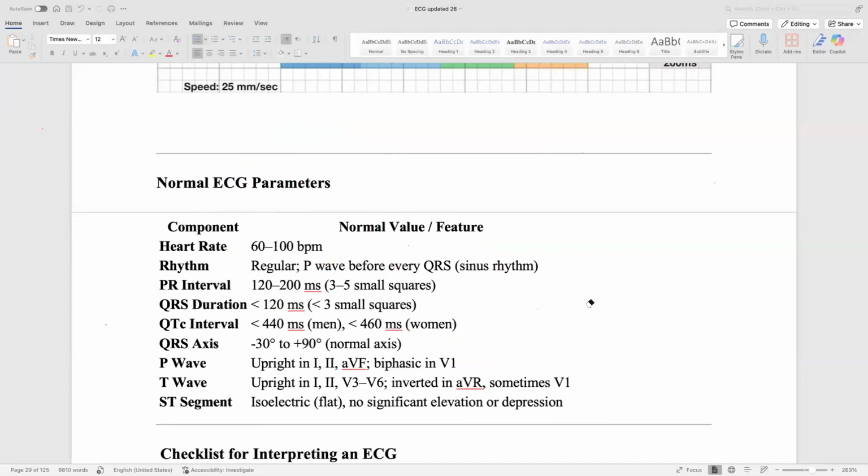What else? Junctional rhythm, AV nodal rhythm. In the AV nodal rhythm, the electricity comes back again, re-entering. The rhythm for the ventricle comes from the AV node, so it doesn't take time and there will be a very short PR interval.